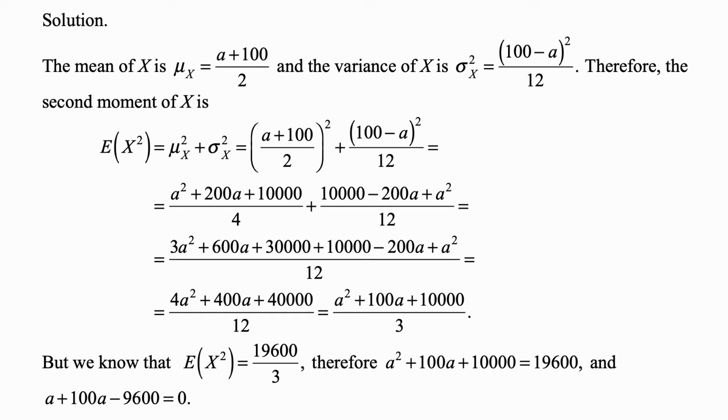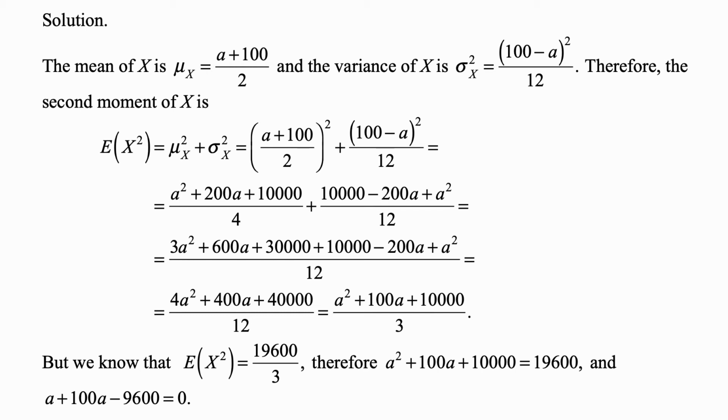The common denominator is 12, and to get there we need to multiply the top and bottom of the first fraction by 3. So we would end up with (3A squared plus 600A plus 30,000 plus 10,000 minus 200A plus A squared), the whole thing divided by 12. When we combine the like terms, that's (4A squared plus 400A plus 40,000) divided by 12.